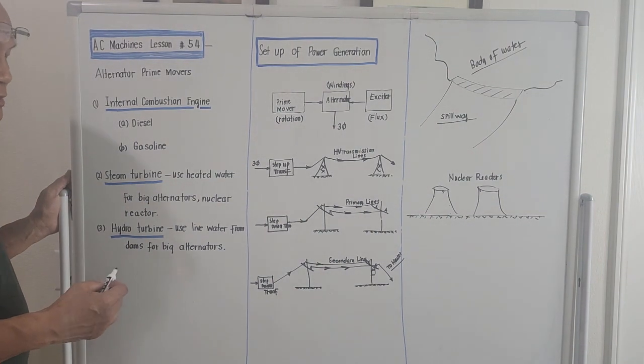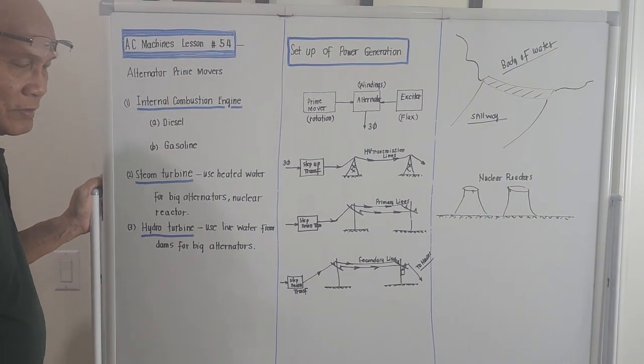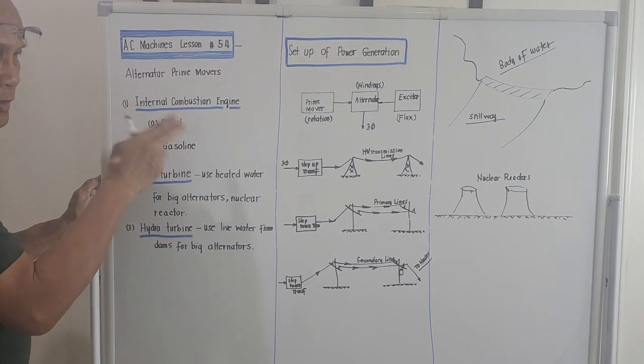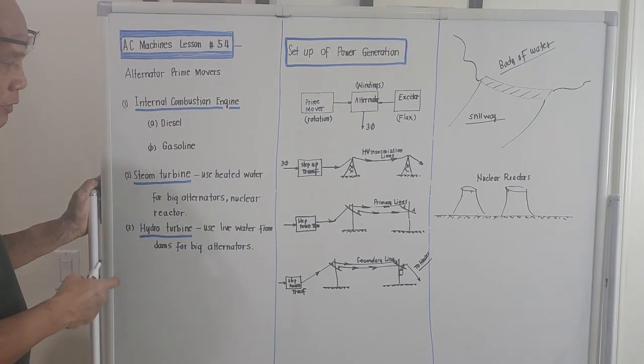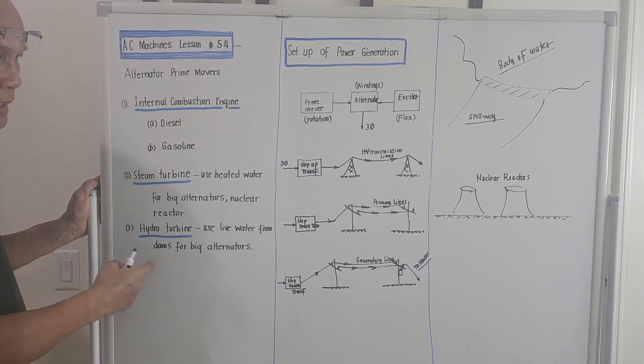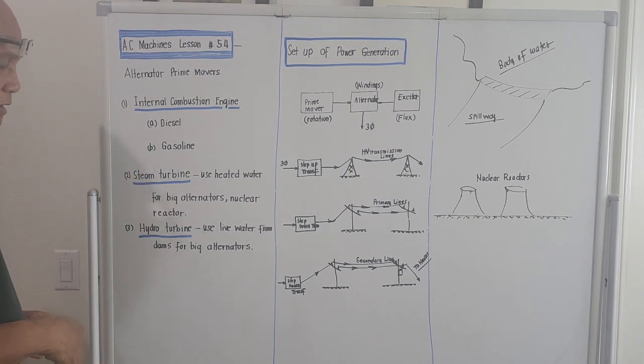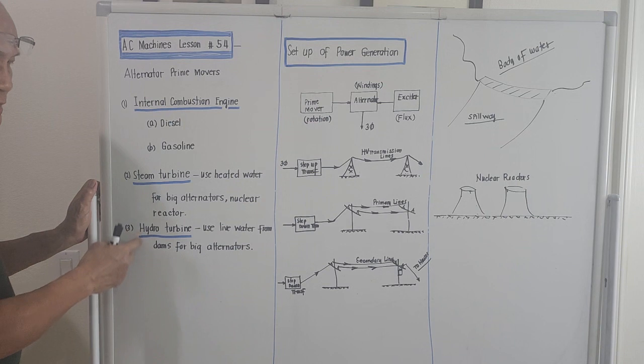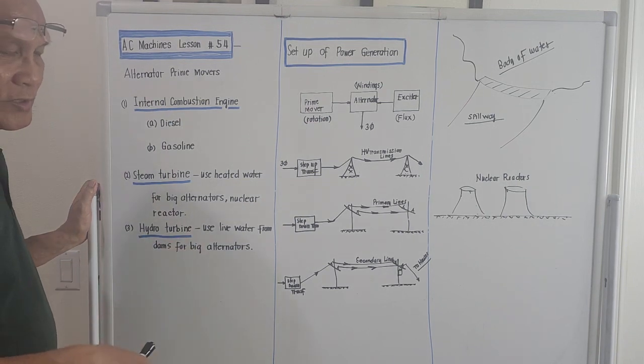The three prime movers of alternators. The number one is for small alternators. Number two and number three are the big ones. These are the prime movers of our voltage sources.